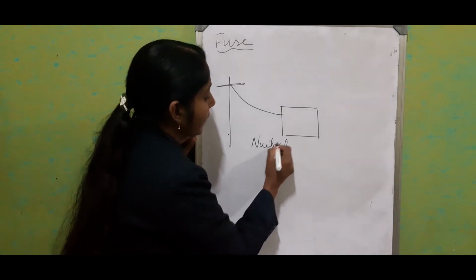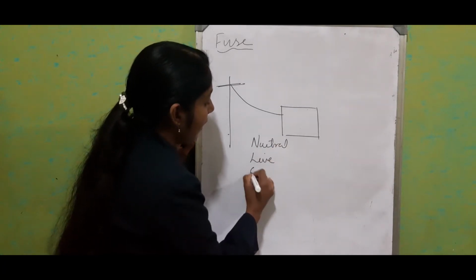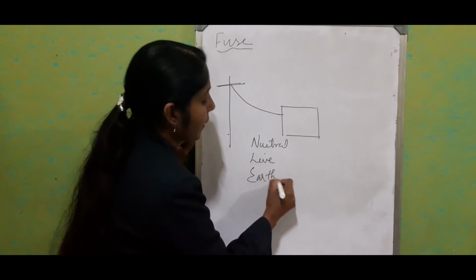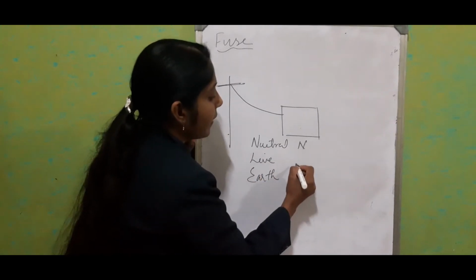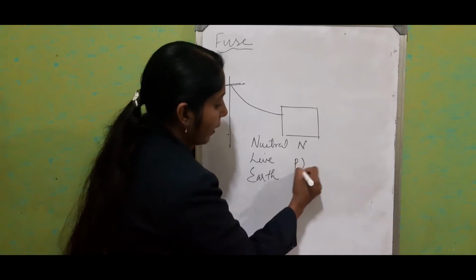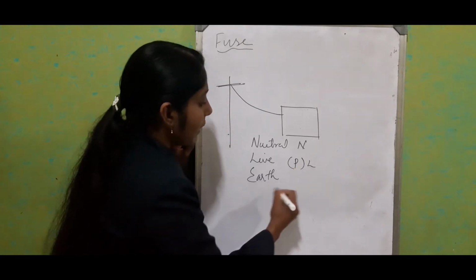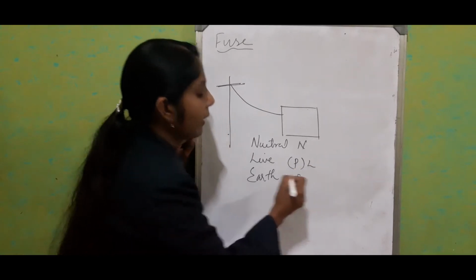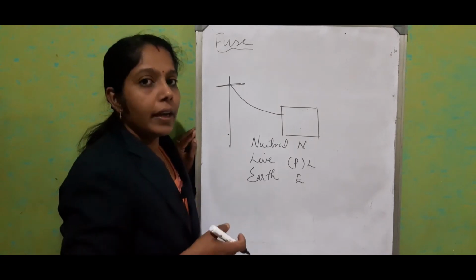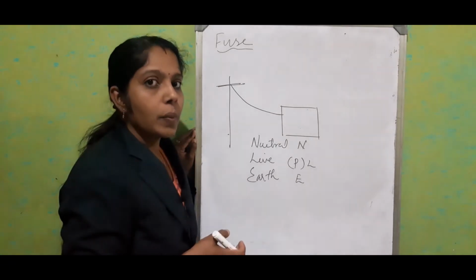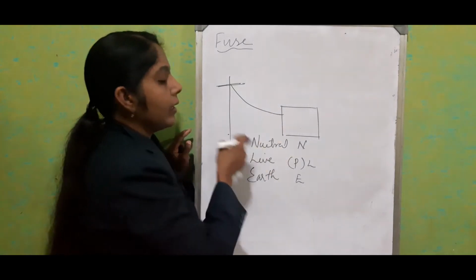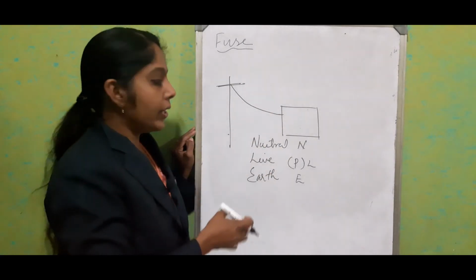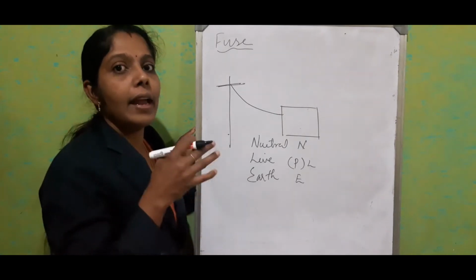Neutral, live and earth wire. Neutral is represented by N, live by P or L, and earth wire by E. The live wire we also call the phase wire. So inside this cable there will be 3 connections: neutral, live and earth.